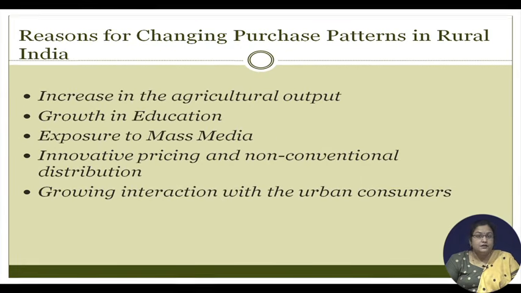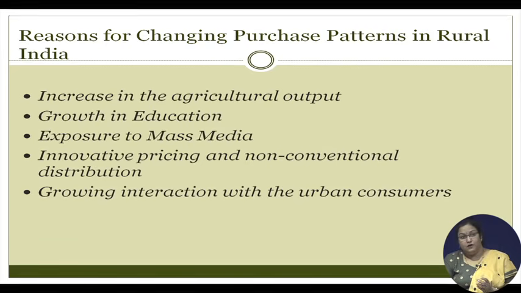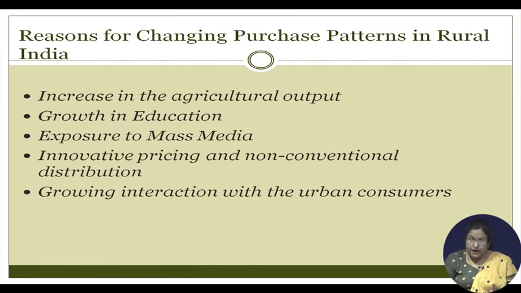And precisely the reasons identified are the increase in agricultural output, growth in education, then exposure to mass media, because television has penetrated even the rural segment. Innovative pricing, for example pouch packs of several good brands, has made products affordable even for rural customers.